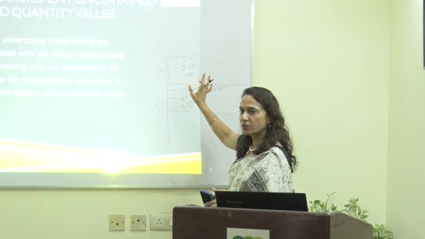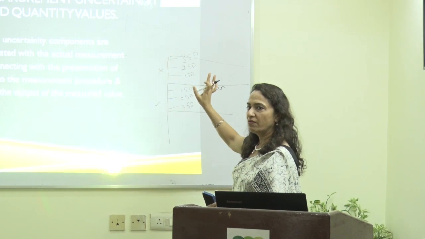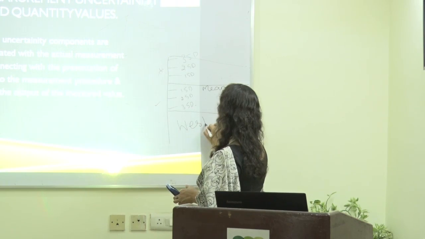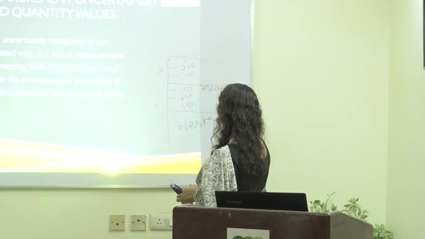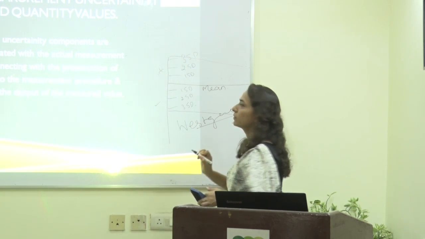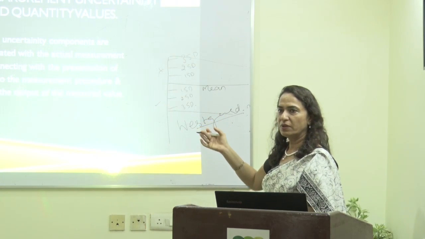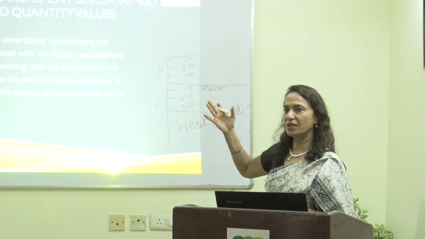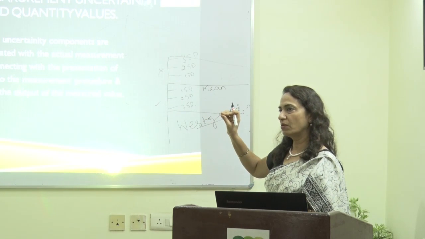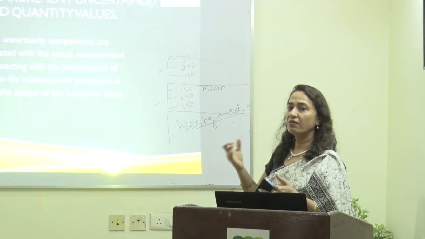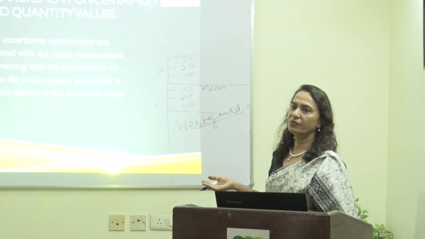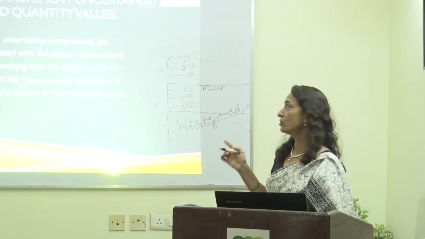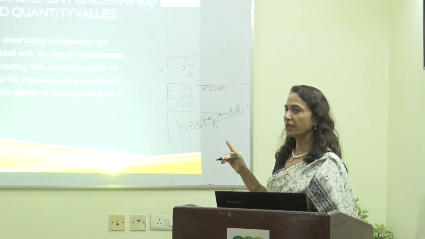What are the rules which you need to follow? Westgard rules. There are Westgard rules which you need to follow when you have to interpret 1 SD, 2 SD, 3 SD, where the value goes and how you have to take it, whether you have to accept it or you have to consider it as an outlier. Again, those Westgard rules are also given in 112.